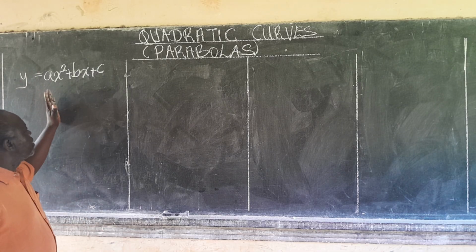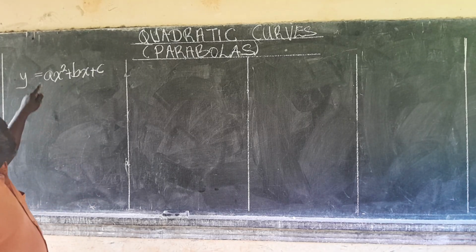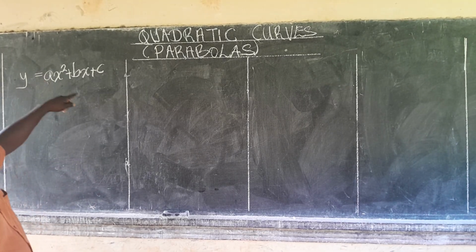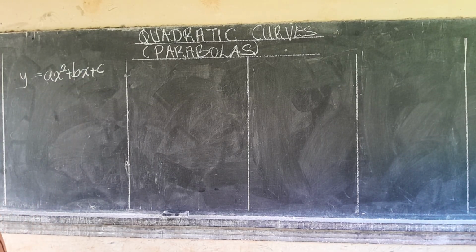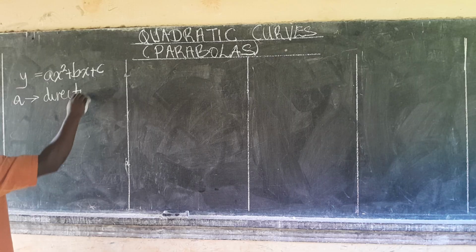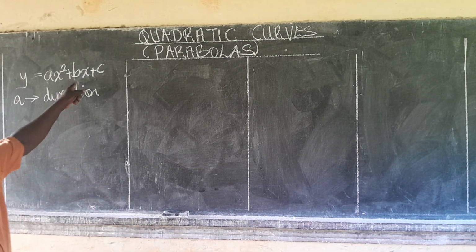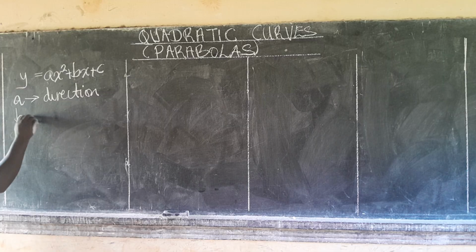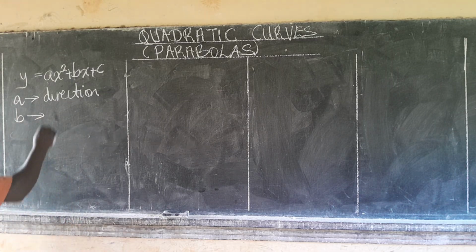But before that, let us have a look and analyze what are the effects of A onto the curve, the effects of B onto the curve, and then C. So now A determines the direction of the curve. And then B has an effect onto the line of symmetry.